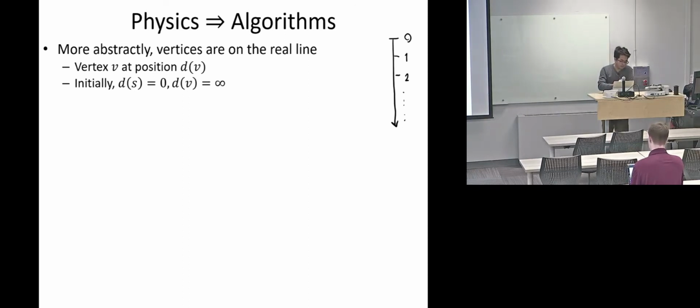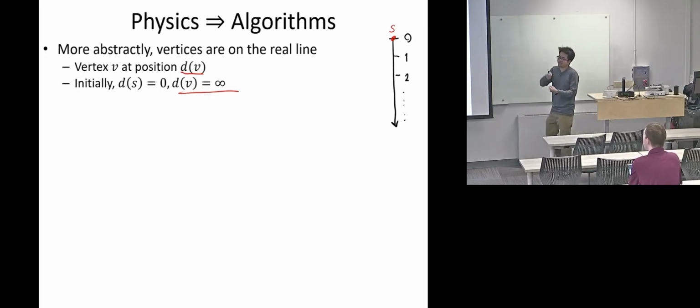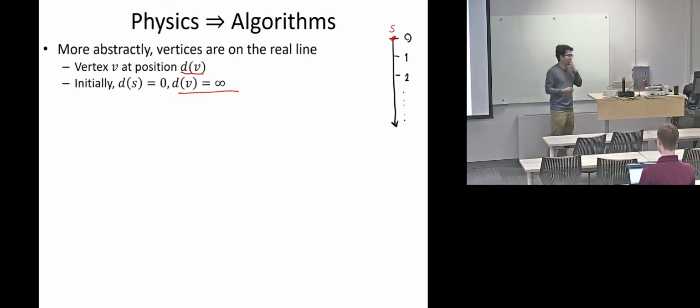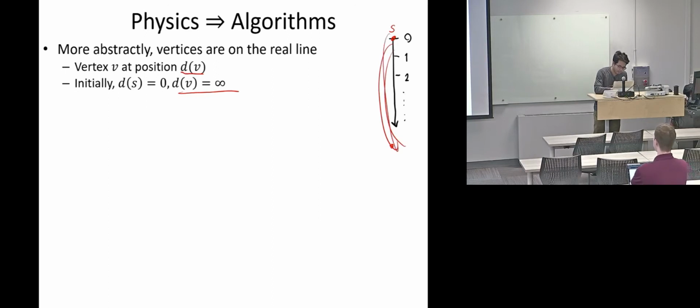And if I denote d of v to be the position of vertex v, I start node S at 0 and everyone else at infinity. And what I'm going to do is try to relax edges. In the previous slide, I just relaxed every edge simultaneously and saw what happened, right? But right now, every edge is stretched because everything else is at infinity.